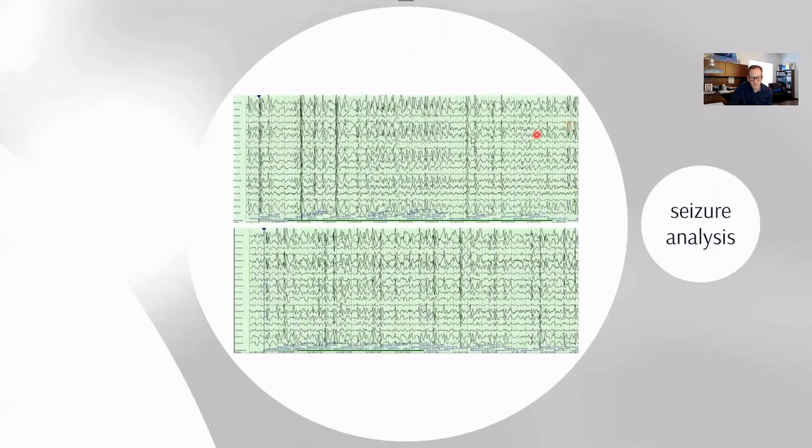This is a tracing of his EEG activity, and you can see that his seizures are almost occurring all the time, honestly. There are EEG tracings where they don't exist, which is good. They're not life-threatening, but he is going in and out of seizure activity almost constantly throughout the day.